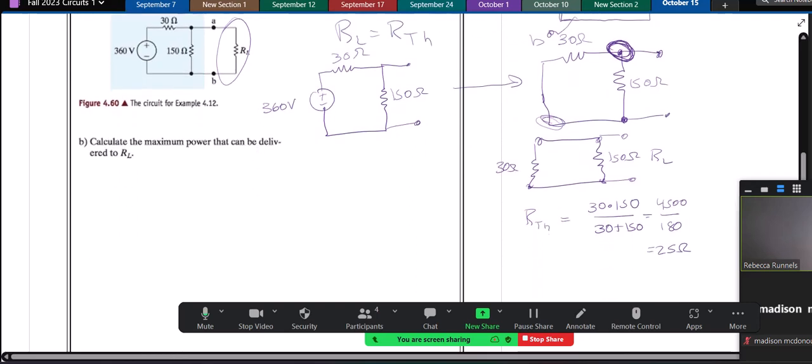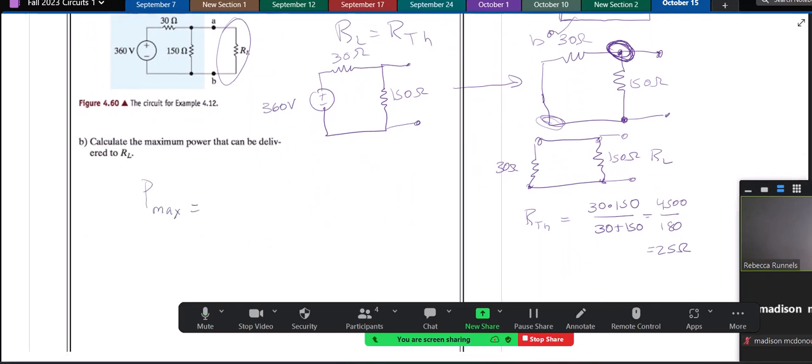Now it's asking what is the maximum power that can be delivered? Well, the maximum power is V Thevenin squared over 4RL. Now, V Thevenin, we hadn't found V Thevenin, so now we need to find V Thevenin. So let's go back to our circuit.